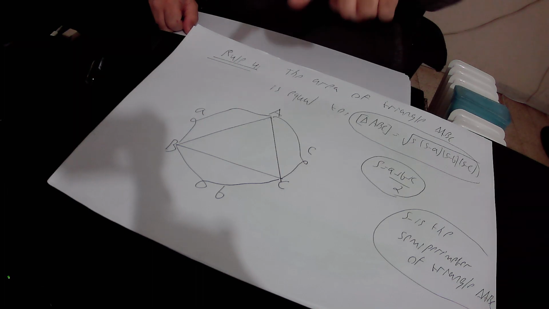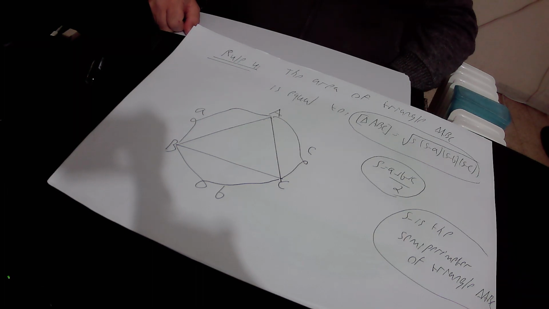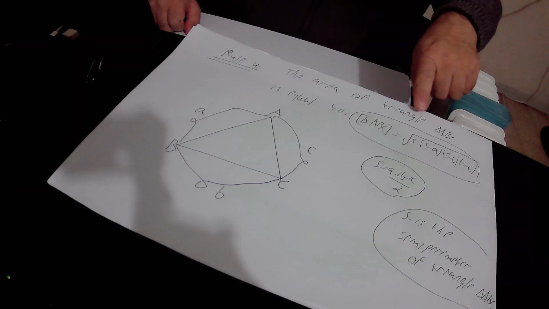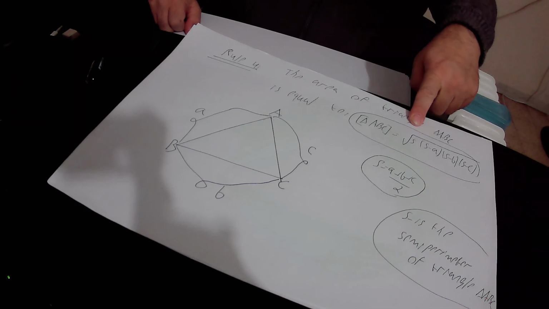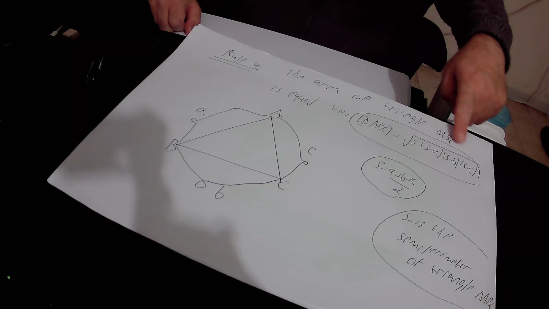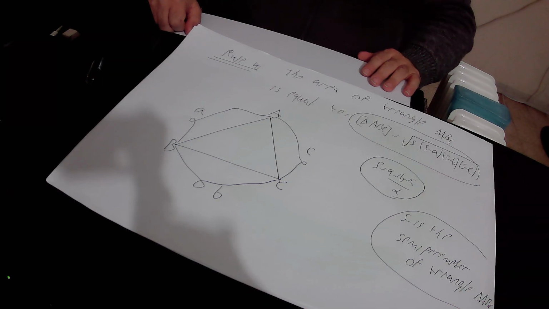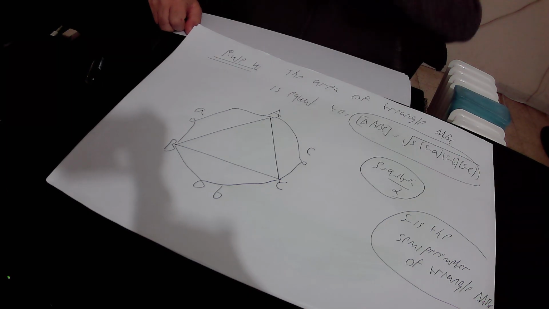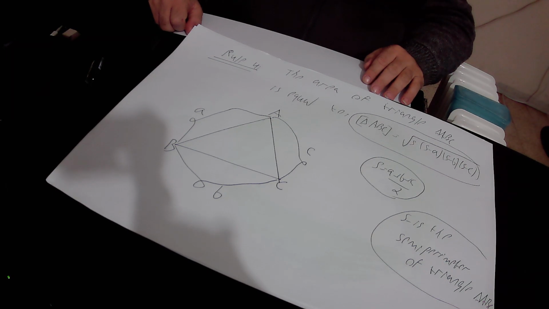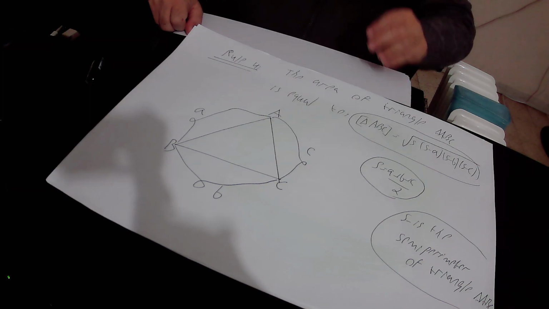Then the area of this triangle ABC equals the square root of S times S minus A times S minus B times S minus C. Here S is the semi-perimeter of this triangle ABC. The semi-perimeter is the perimeter over 2.